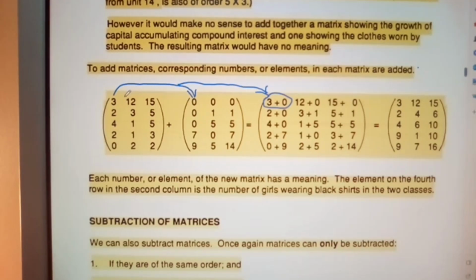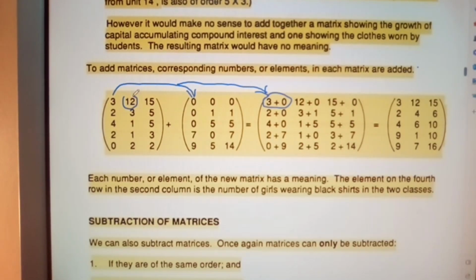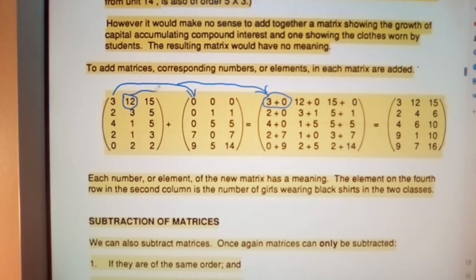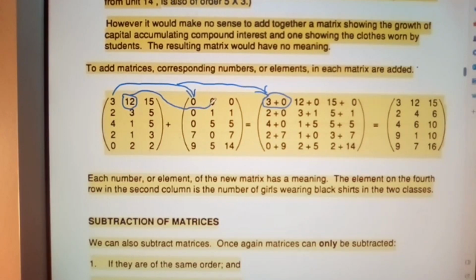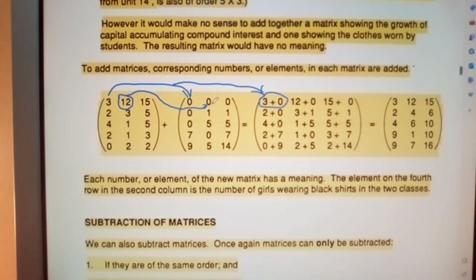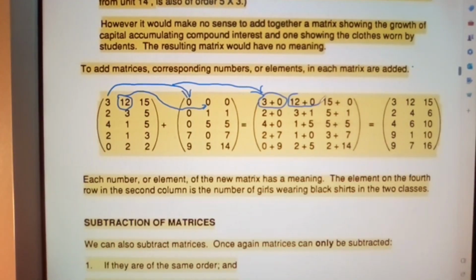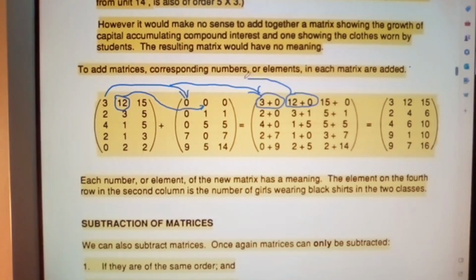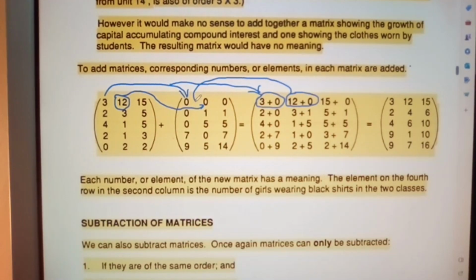This here now will be added to, and I'm going to try and wiggle it through, okay, will be added to this here. So that becomes 12 plus 0, so this here now becomes, represents this one here now, okay.